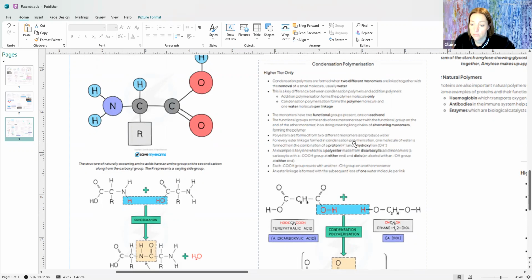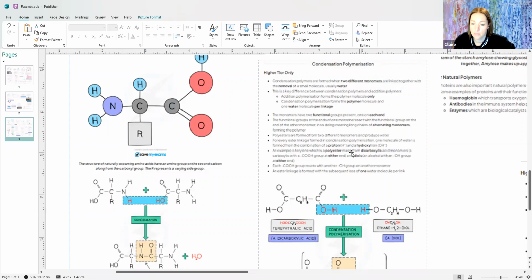One molecule of water is formed. We've done that because you produce it, it goes into more detail here. The water molecule comes from the proton from the acid and the hydroxyl OH, which is your alcohol group from the other functional group.